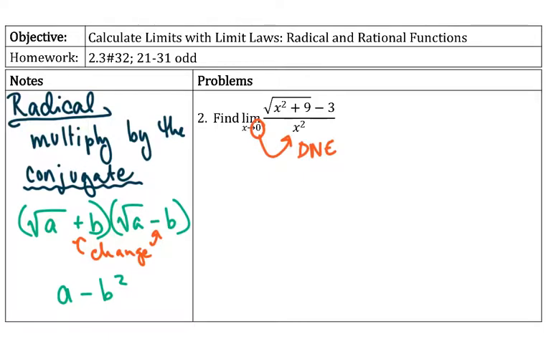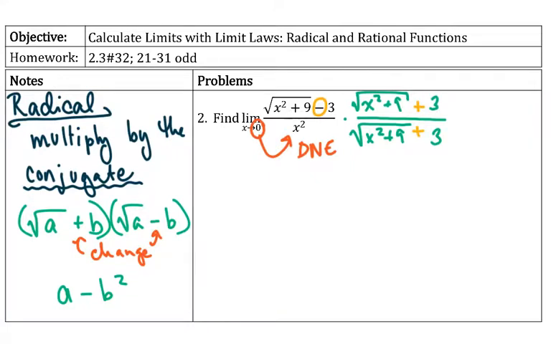So in this case, that's going to be a good place to start. The conjugate here that we're going to multiply by is root of x squared plus 9 plus 3, over root of x squared plus 9 plus 3. The sign that we're changing is this negative sign. Just change it to a positive there. And then our b term is 3.